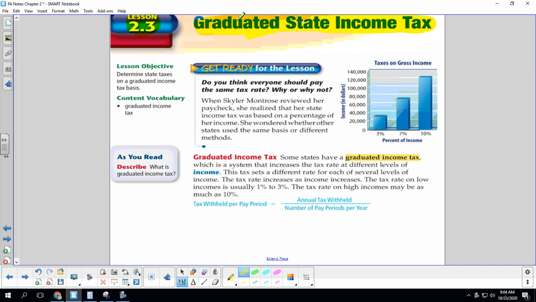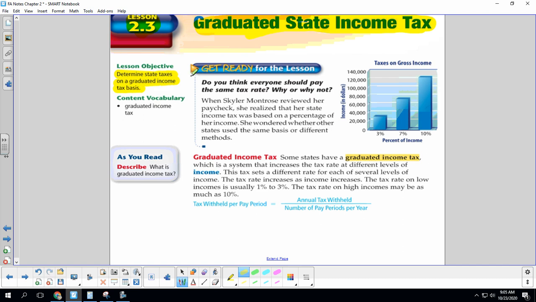And it's important as you grow and move around and figure out where you want to spend your lives. It's important to know how your state is calculating the taxes and if it's a valuable move for you to be there or not. Our lesson objective is to determine state taxes on a graduated income tax basis.